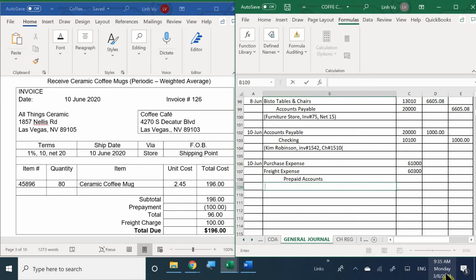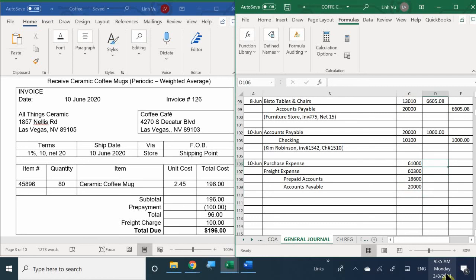And since this is a bill, I'm going to owe this person because they're giving me 20 days to pay them back. So again, prepaid accounts is 18,600 and my accounts payable is 20,000. All right? So let's go ahead and enter in the information.